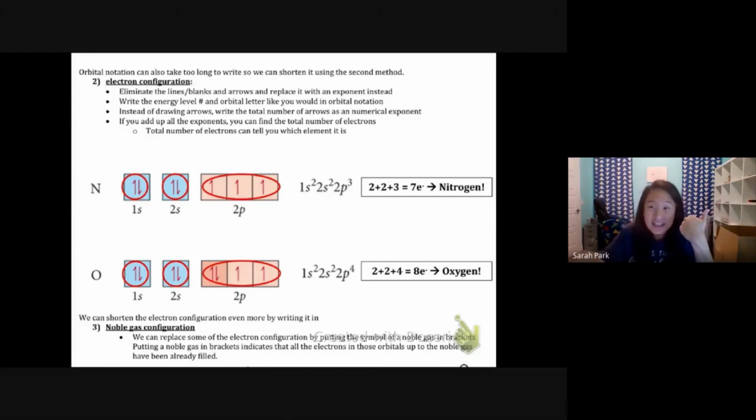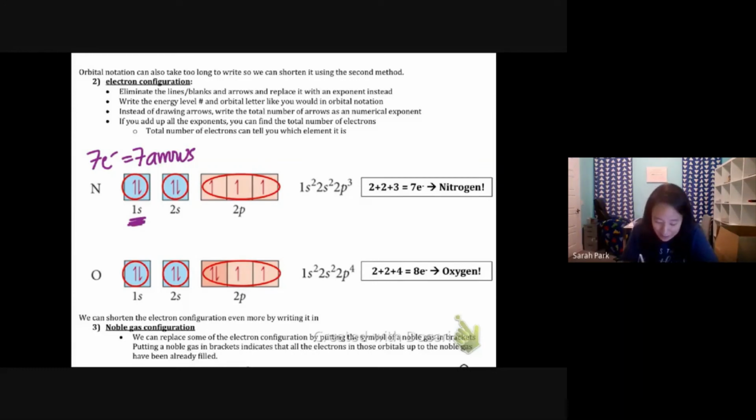Let's look at the example nitrogen, the one we just did earlier, and see how we can shorten it up. We know that nitrogen has 7 electrons, so it has to have 7 arrows originally in orbital notation. But how do we get rid of that? In the 1s, level 1 in the s house, we can fit exactly 2 electrons.